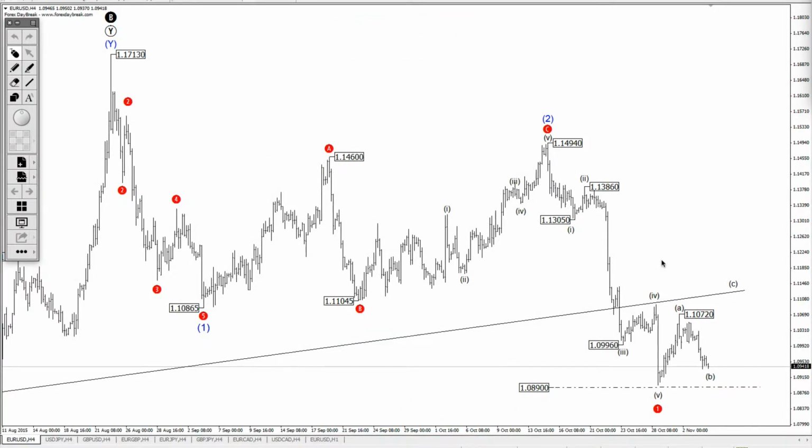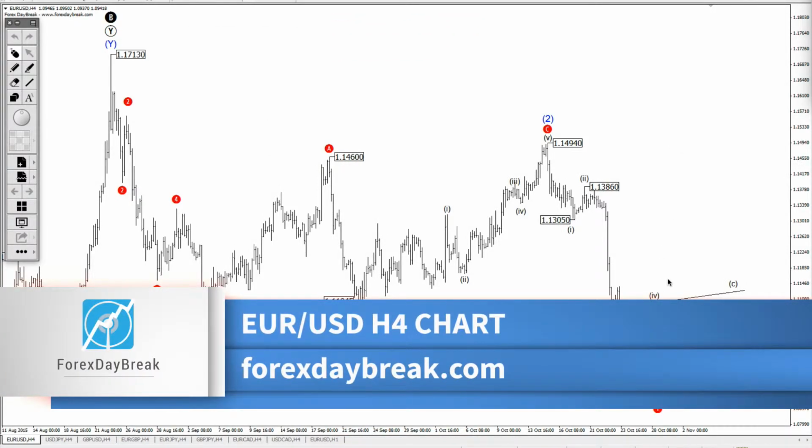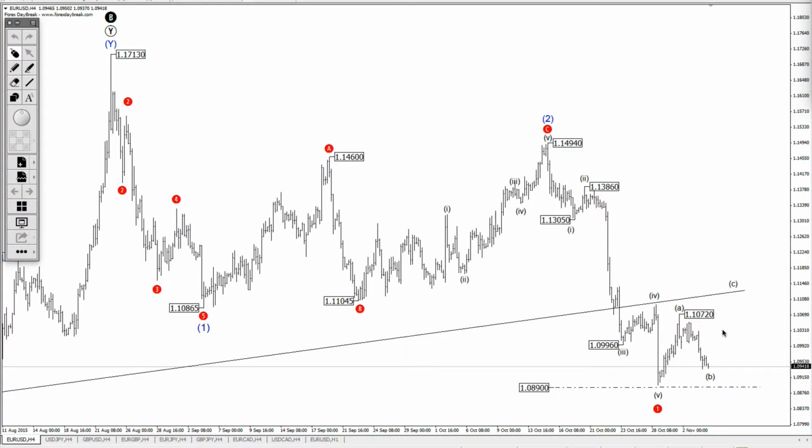Let's start with Euro-USD. So yesterday we got a decline, and in my wave count this is forming the B wave of this ABC correction. So we should see next move higher as wave C would unfold. So from the 110.72 level we can see maybe 5-wave structure or ABC structure on a smaller degree, which is now approaching the recent lows of 108.9 approximately.